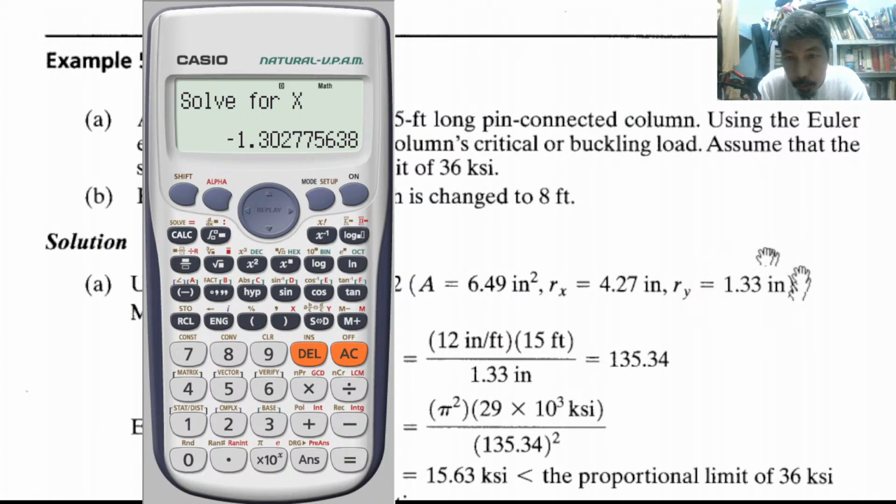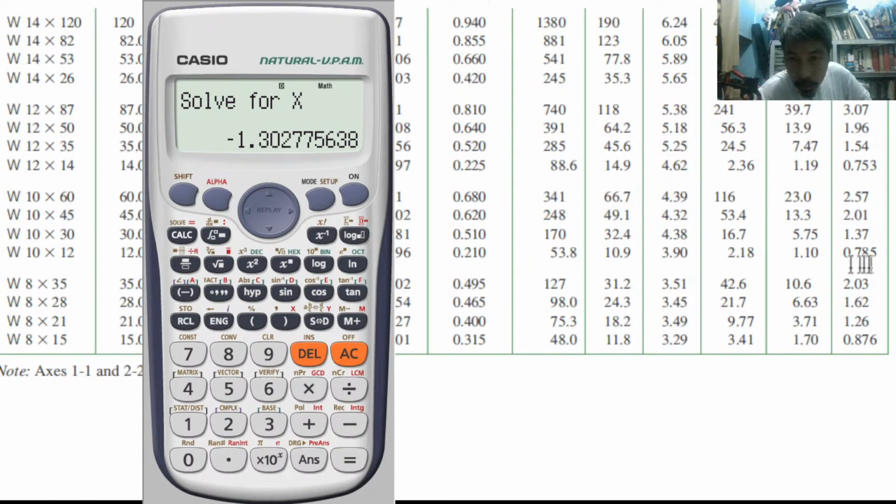So the answer is 1.33. But why is it negative? We have the correct answer. 1.33 is the requirement, but our answer is negative 1.3. So why did it become negative?